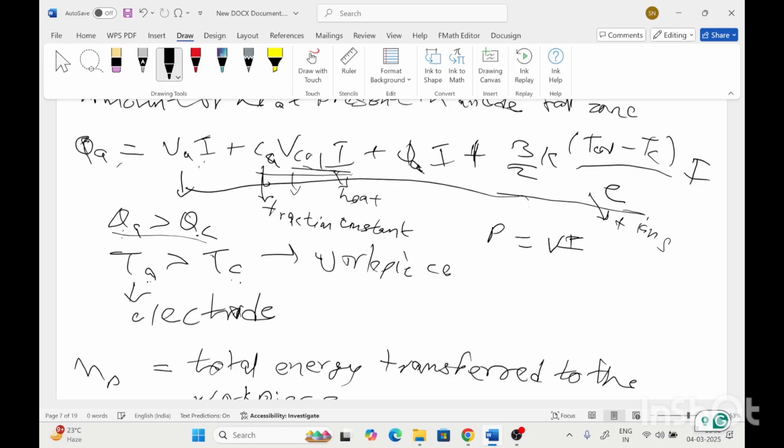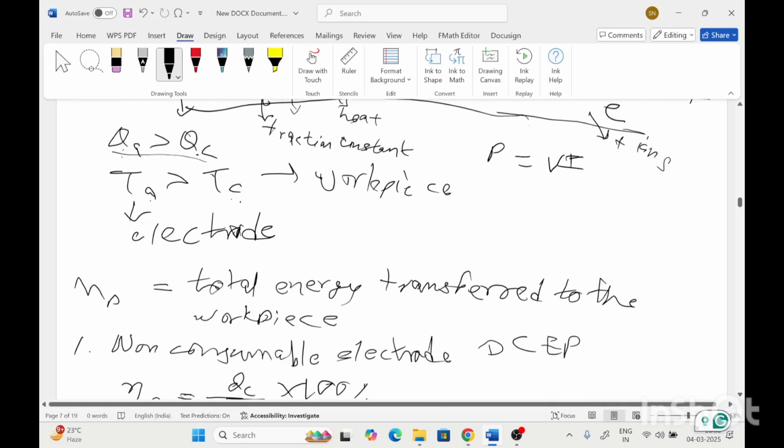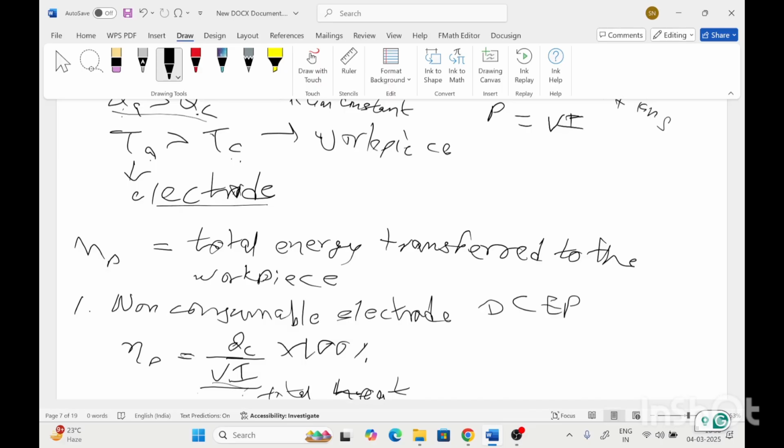So the anode fall zone, which is the electrode, will have the higher heat and high temperature. Since the heat is higher for the electrode, the electrode will melt easily.